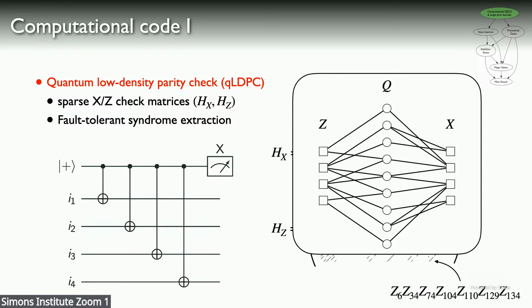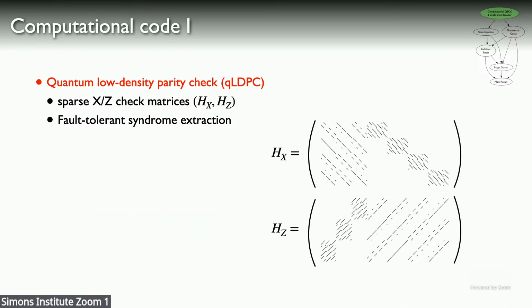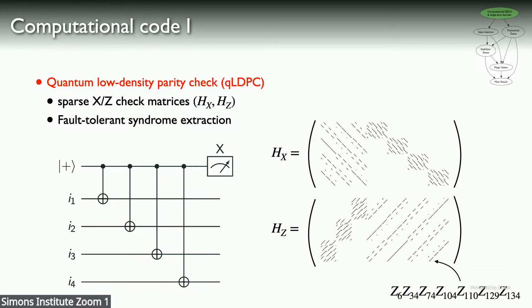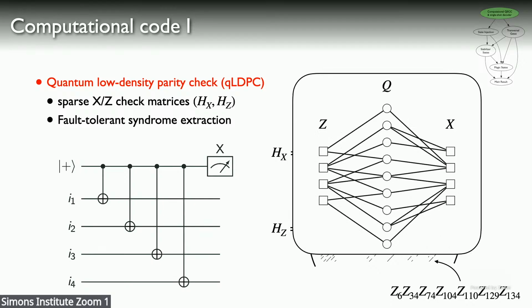And the way we do it is, this matrix here, I can think of it as the biadjacency matrix of a graph. So I can associate a graph to this matrix called the Tanner graph. And I just compute the scheduling of which gates to apply to which qubits by edge coloring the graph.